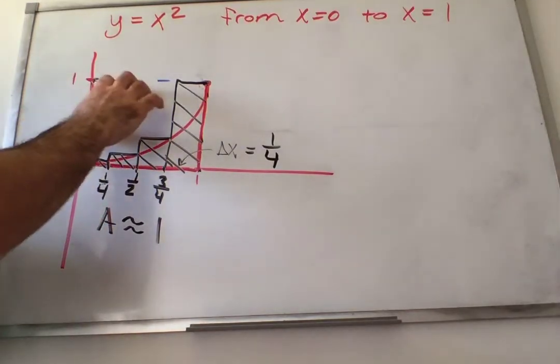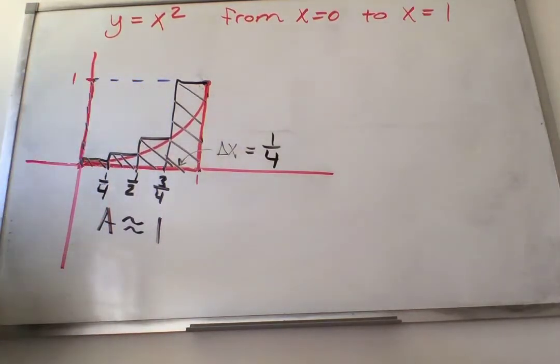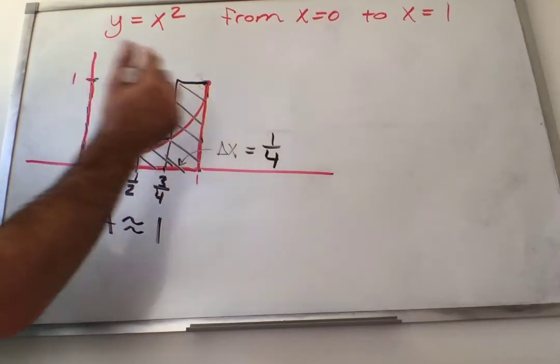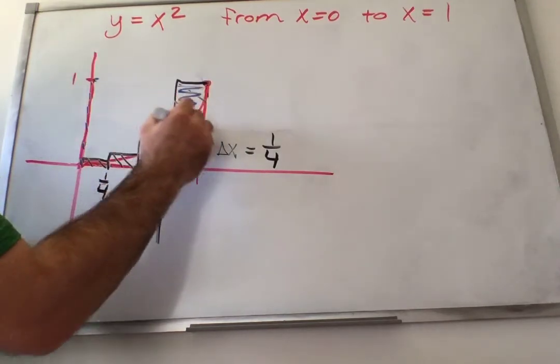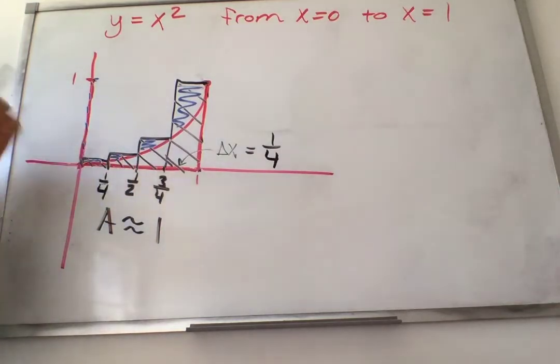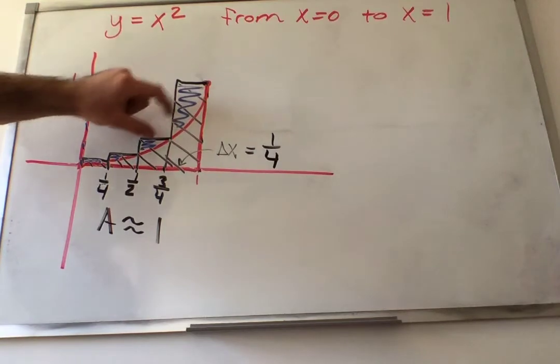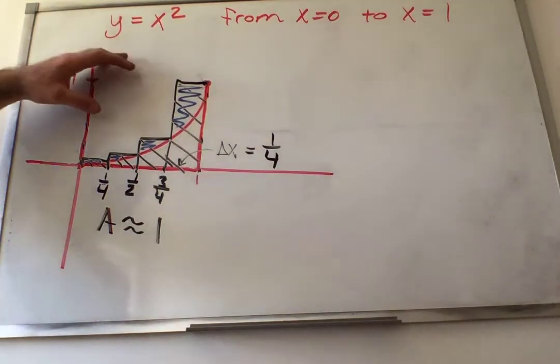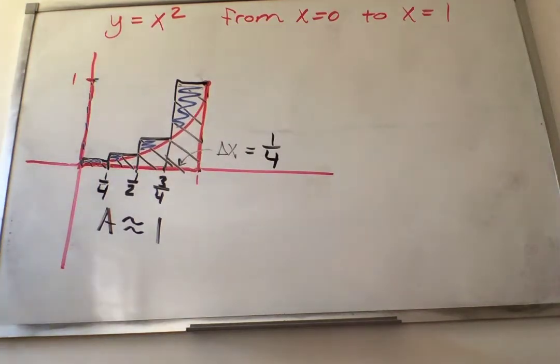Now, if you recall, if I were to draw my other big rectangle, I had a lot of extra area that I was counting. Here you do see extra area right in here, right in here, right in here, and there is going to be some over here, just really small, you can't really see it. But this extra area is not as much as the extra area when we used one rectangle.